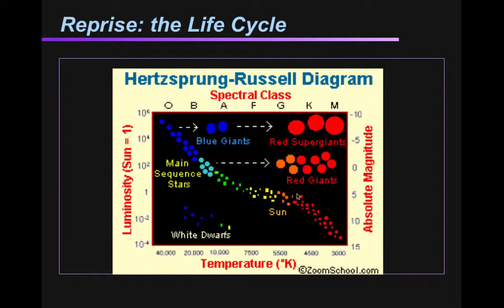Okay, and most of the stars, 90% of stars, follow this sequence here, which we call the main sequence. They start off with blue, they go into turquoise, green, yellow, orange, red, and then they die. Okay, there's some massive stars that work outside of the sequence.